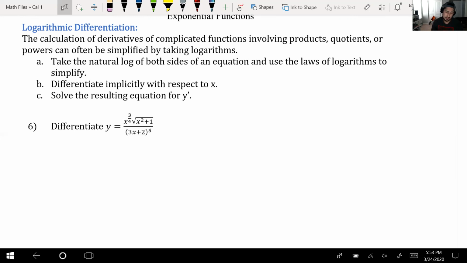So, number 6. Before we even think about using logs, think about what you would have to do to this if you didn't know anything about logarithms. How many derivative rules would you have to apply to this? Well, first off, the whole thing would need quotient rule.